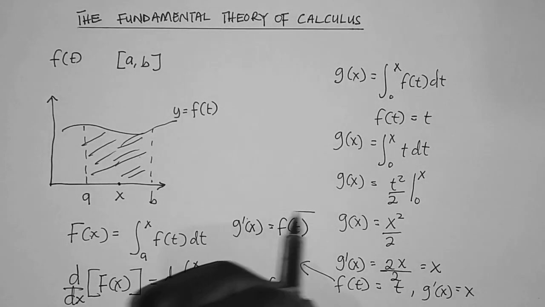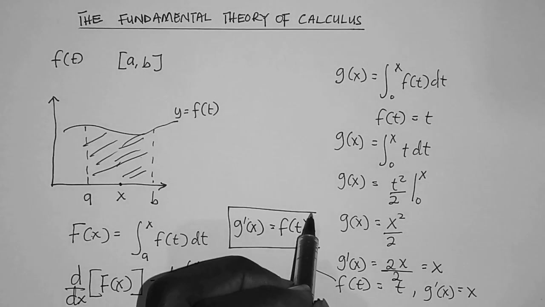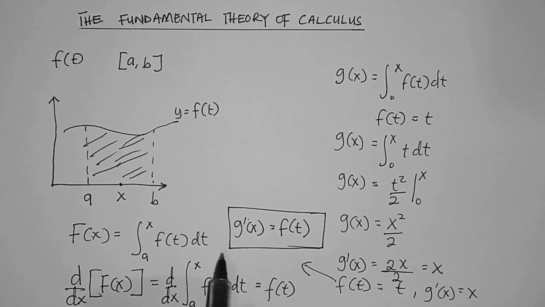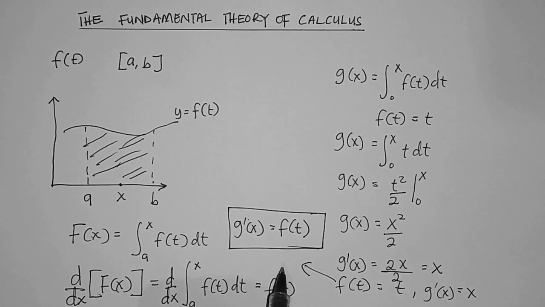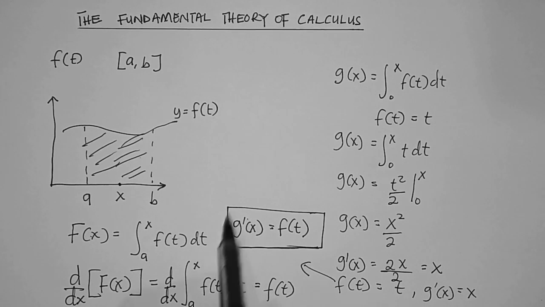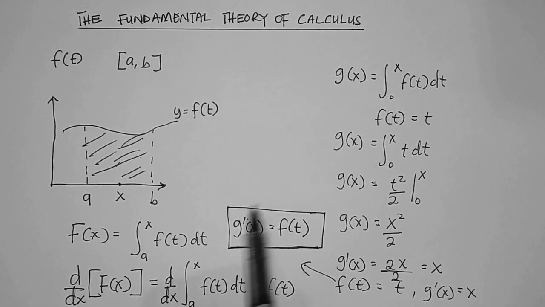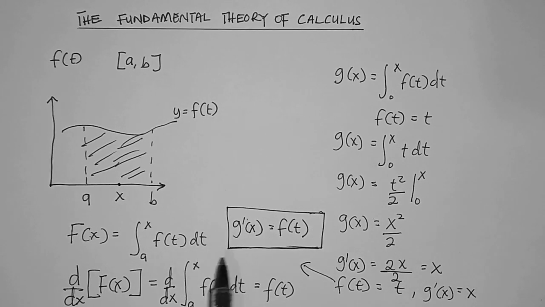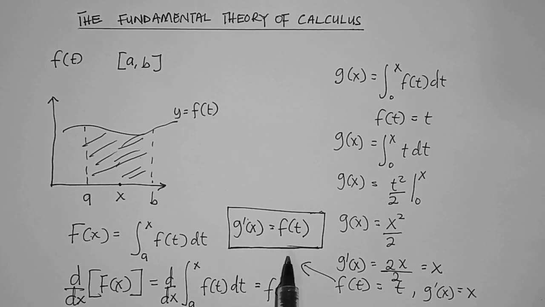Now, this is the statement of the first part of the fundamental theorem of calculus, and it is very, very important to understand this rule. I will later make a video where we can understand in detail the concept of this fundamental theorem.